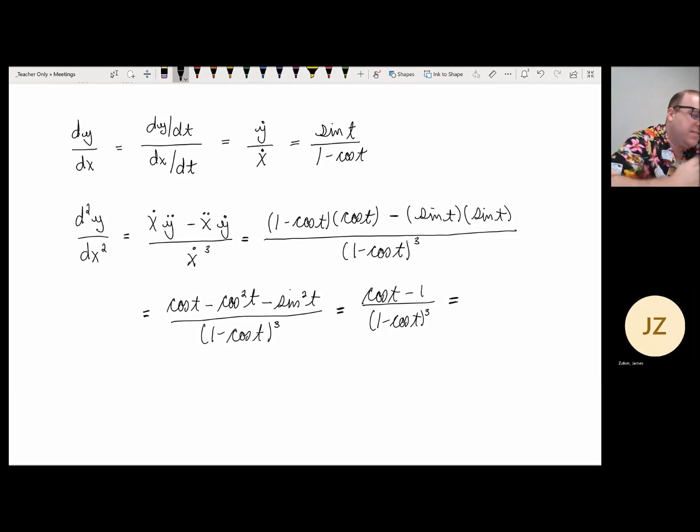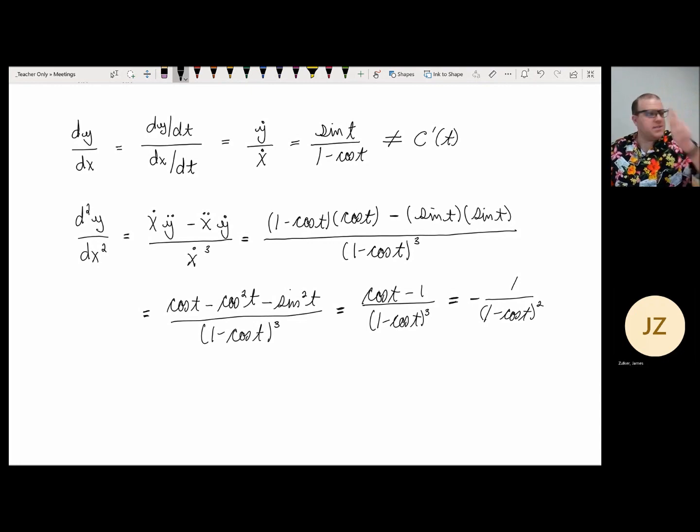How does that simplify? -1 over 1 minus cosine t squared. There would be your second derivative with respect to x. Second derivative of y with respect to x. Keep in mind, that is not C prime.